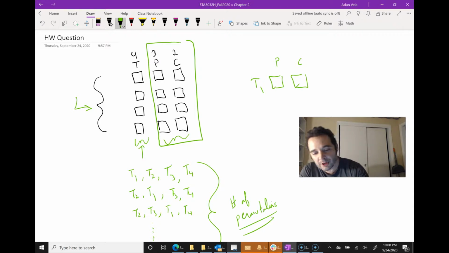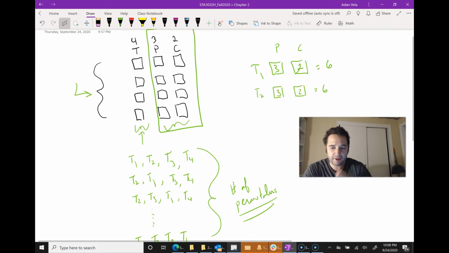For the pressure, we have 3 different options, and for the catalyst, we have 2 options. So for a specific temperature setting, we have 6 different options. Again, for T2, we're going to have the same thing, 3 different options here, 2 different options here. That gives us 6.